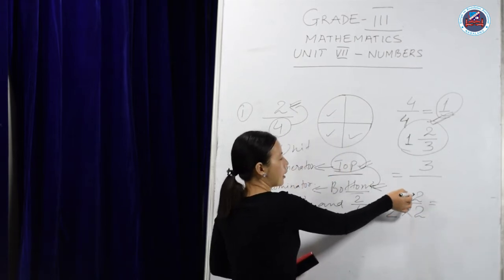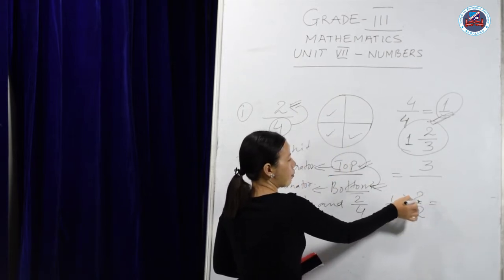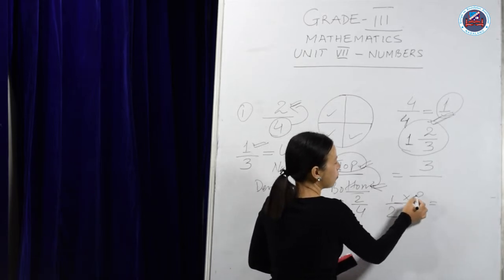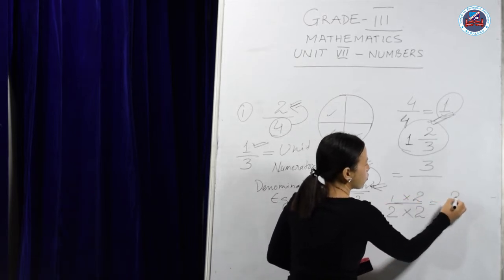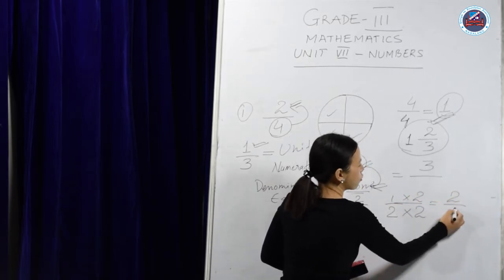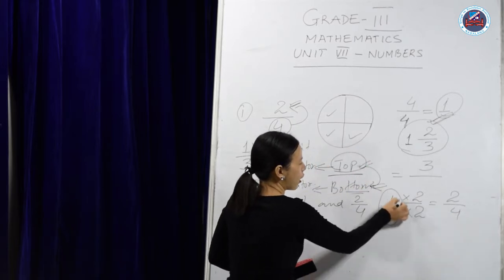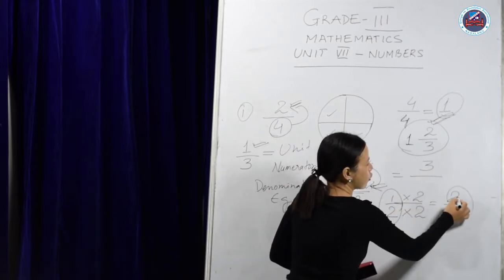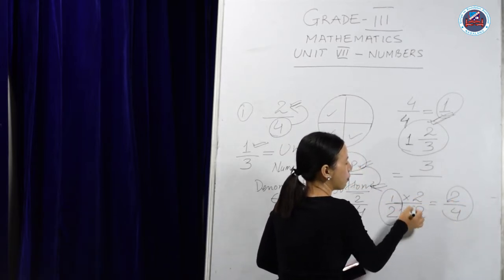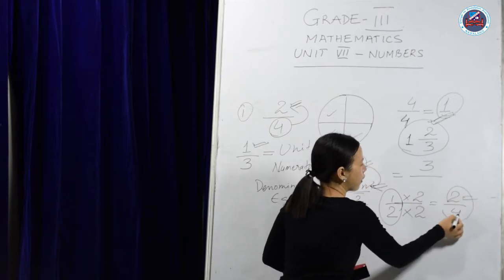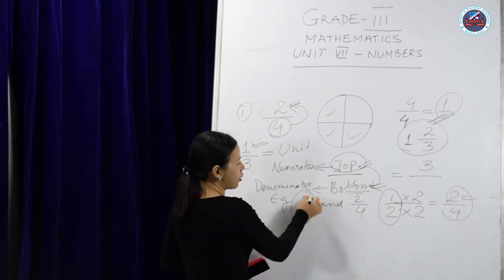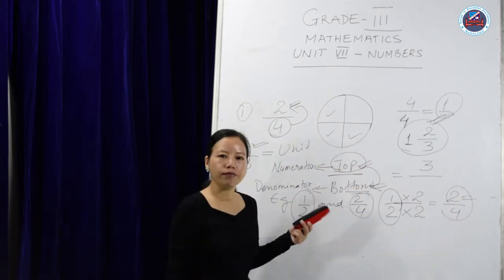So I've multiplied both top and bottom by 2. 1 times 2 is 2, and 2 times 2 is 4, right? See, for 1 by 2, the answer is 2 by 4. When I multiply both top and bottom number, I got 2 by 4. That means 1 by 2 and 2 by 4 have the same value.